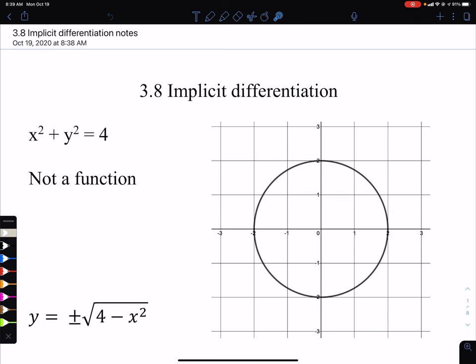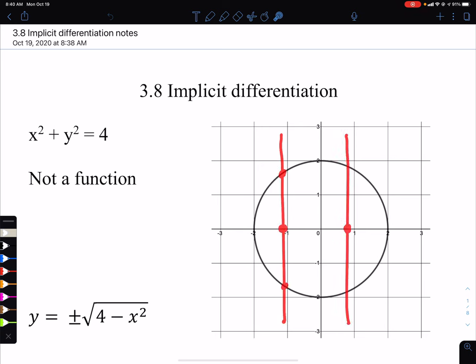That's what implicit differentiation allows you to do, when you don't have a function set up as y equals. In fact, this equation, you should know it's a circle, and it's not even a function, because you should remember that to be a function, for every x value there can only be one y value. But if you draw a vertical line, this x value contains two y values, not a function.